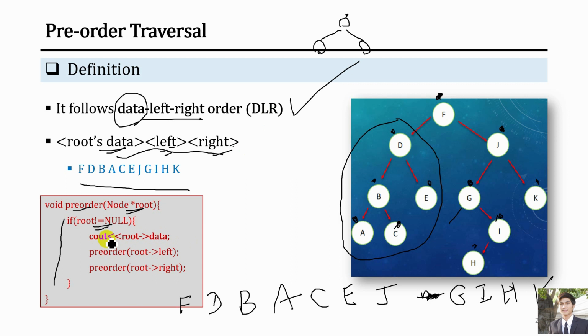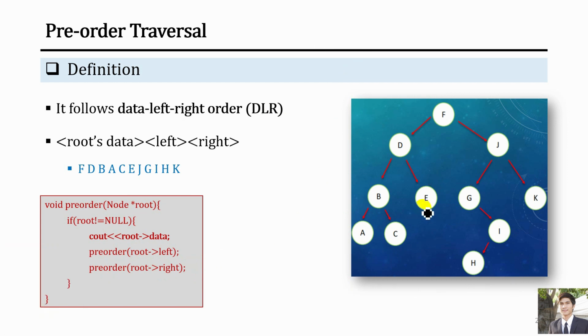Before recursing, we display our data because we meet data first, then recursively go left and then right. We call this function again using recursion. This way we access our data using this format, just like we went through recently.